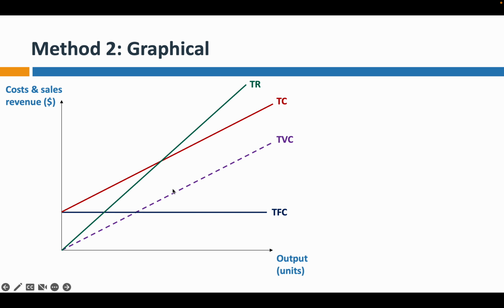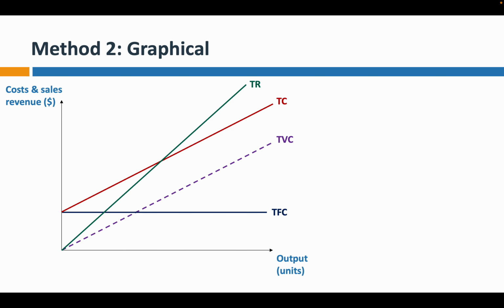You don't necessarily need to draw the total variable cost line. It might be useful to draw it just in order to copy the direction and the slope of the total cost line.